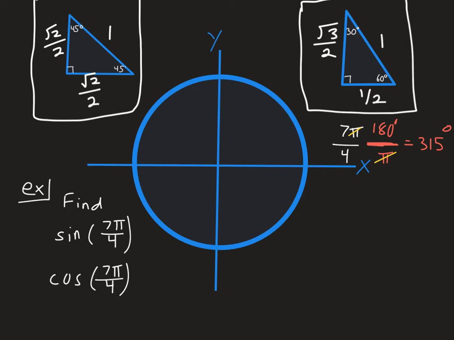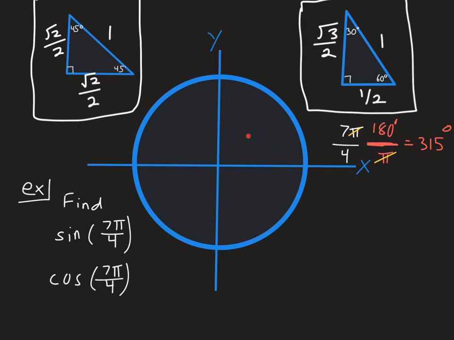A couple other ways to think about this. You might think in radians: 7π/4 converts to 1 3/4 pi. If 1 pi is halfway around and 2 pi is all the way around, then 1 3/4 pi is right here. A third way to think about it is that π/4 is the same as 45 degrees.